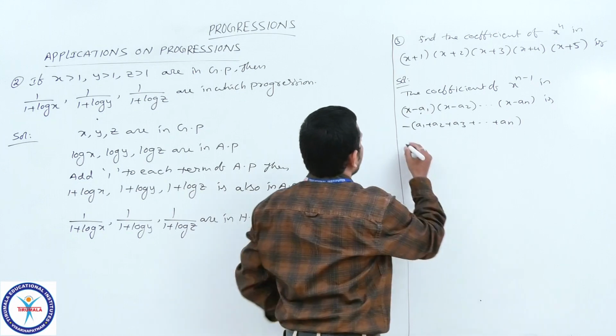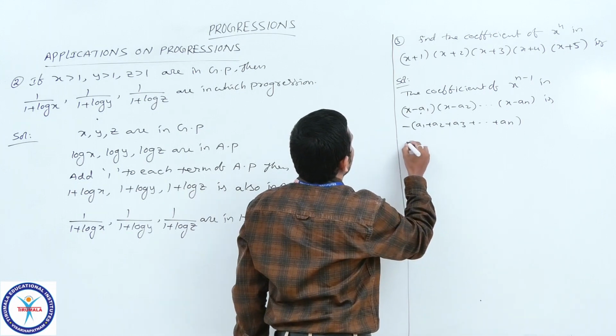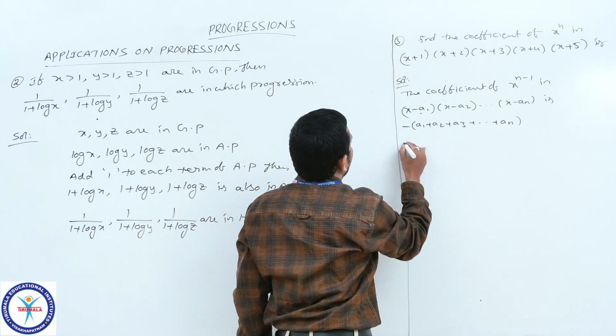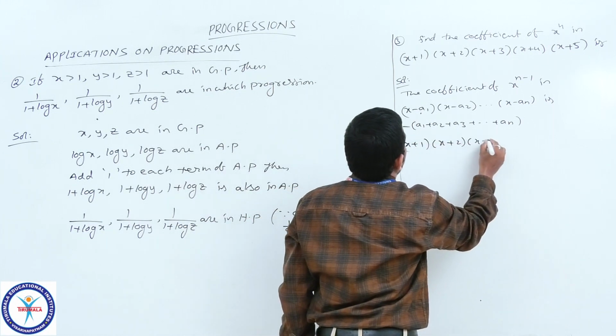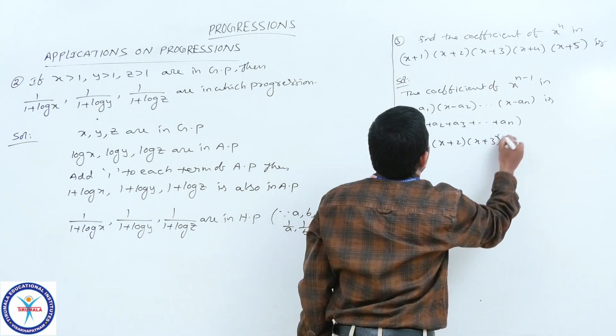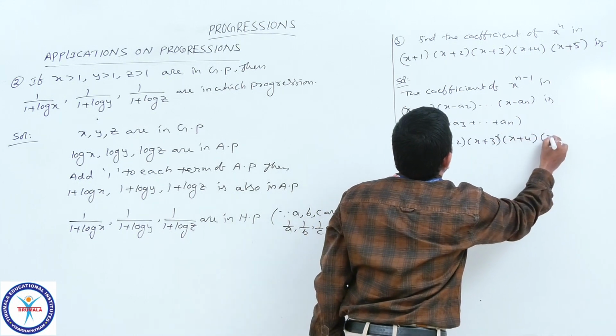So here it is given x plus 1, x plus 2, x plus 3, x plus 4 and x plus 5.